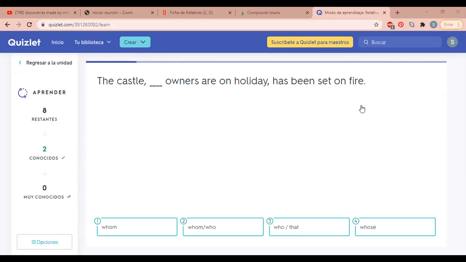Mafer. ¿Me escucha, teacher? Yes. ¿Qué opción sería? 1, 2, 3, 4.